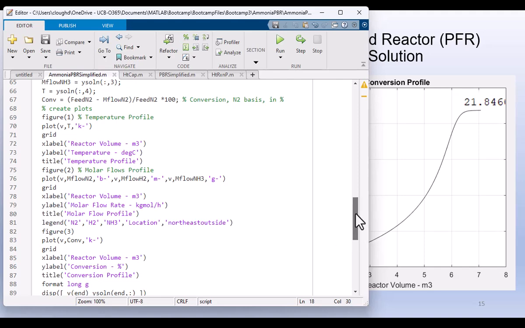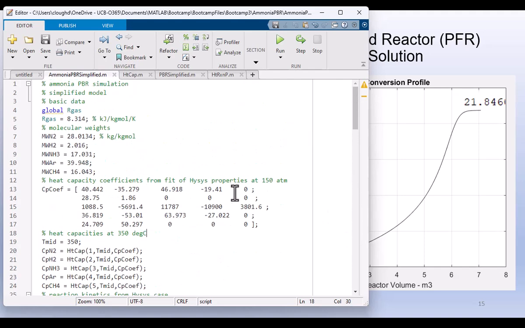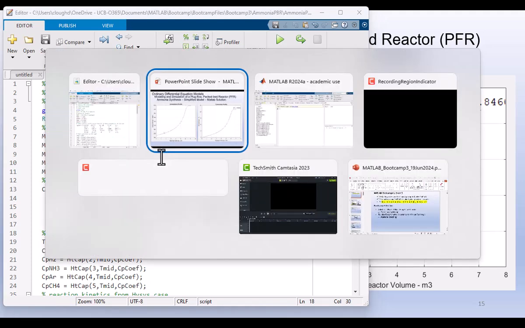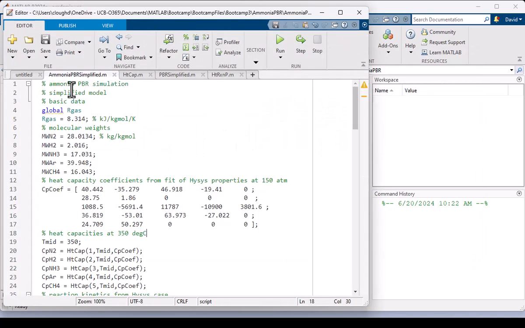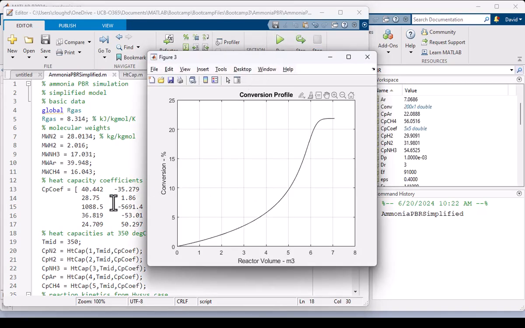So we come back over here and let us get our command window back. And then we're going to run our model. Okay, so what it does is it gives us our conversion profile.